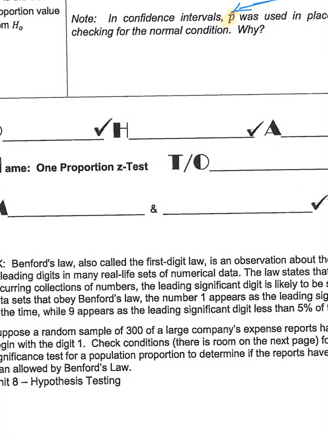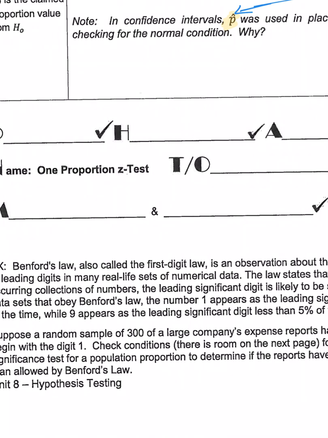All right, so what's our acronym to figure out how to run a test? An inference test is PHANTOM. Well, P stands for what do you suppose? Parameter. What do you suppose H stands for? What is the first thing we write?